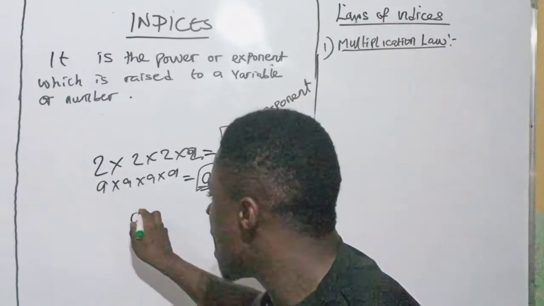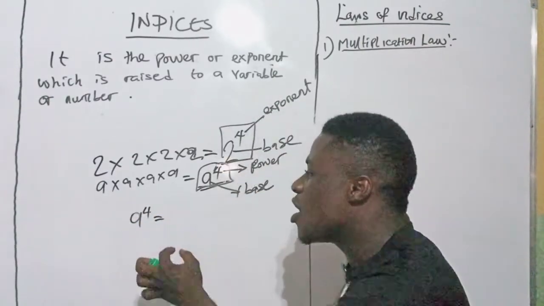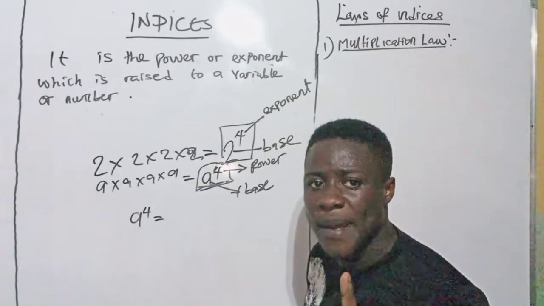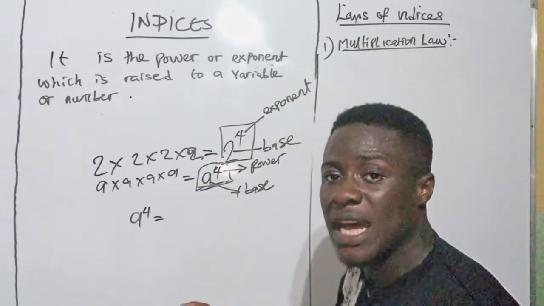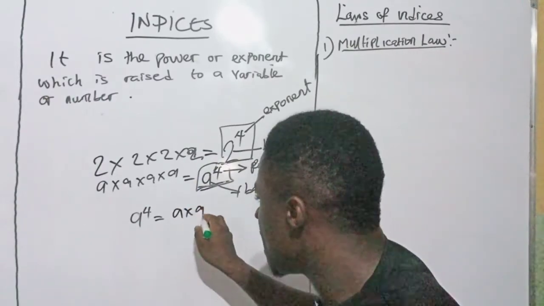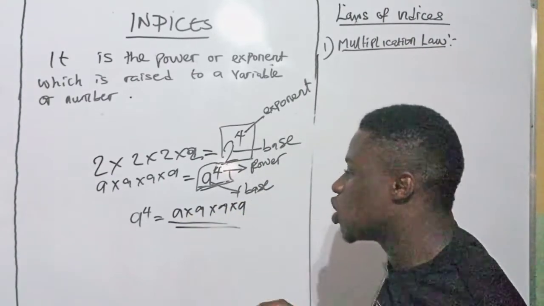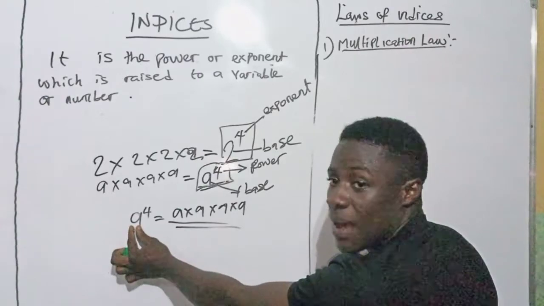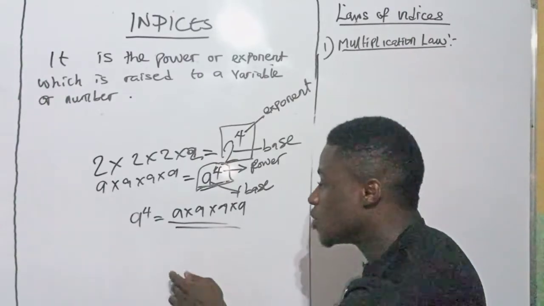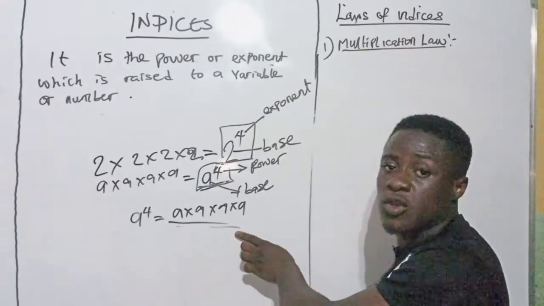So A raised to power 4 means that we are going to multiply A's 4 times. So when we do that, we have A times A times A times A. So now this simply shows the number of times A can be multiplied. So now this A here is in terms of product.